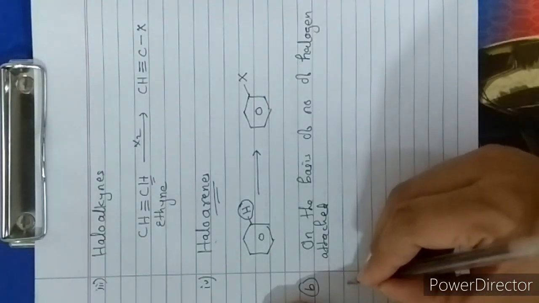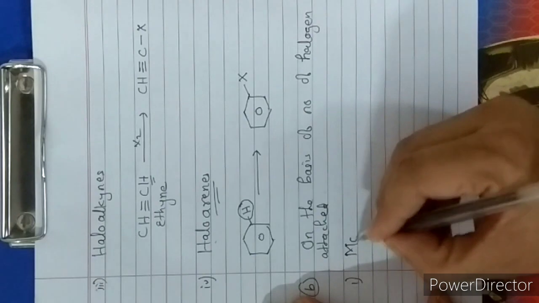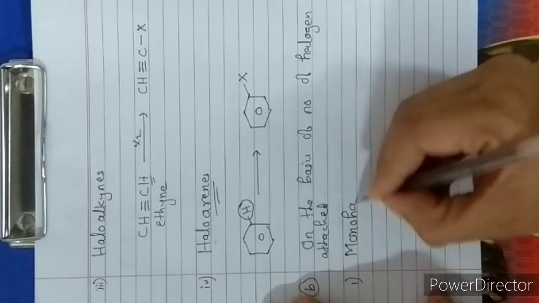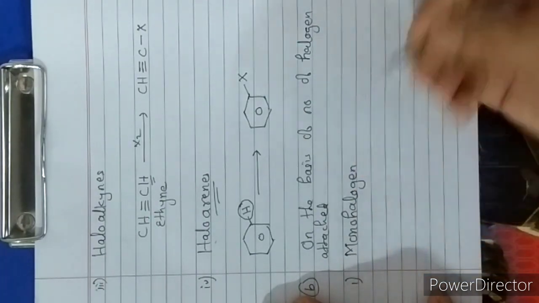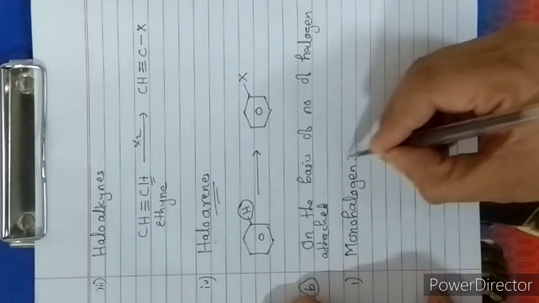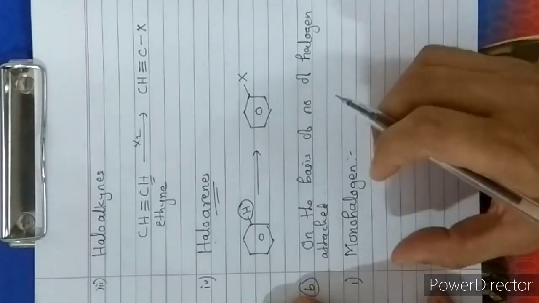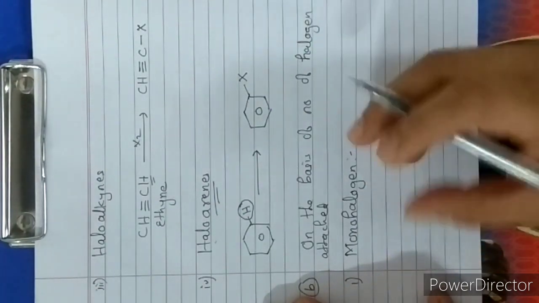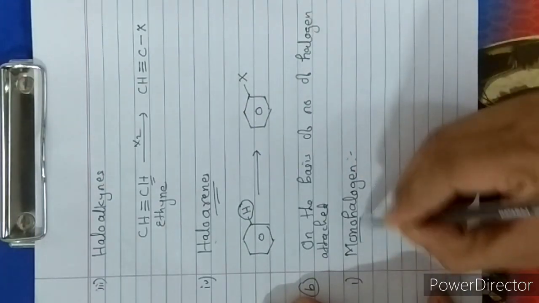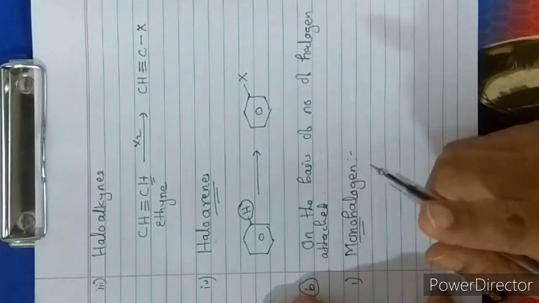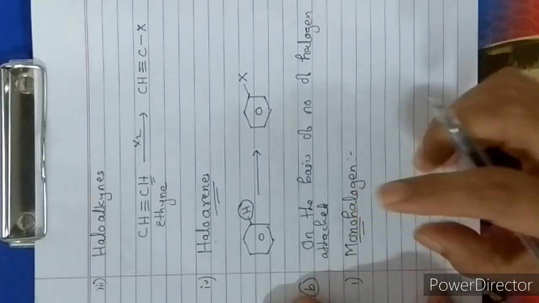In that, the first one is monohalogen. Monohalogen derivative, or monohalogen compound. In this, only one halogen atom is attached.